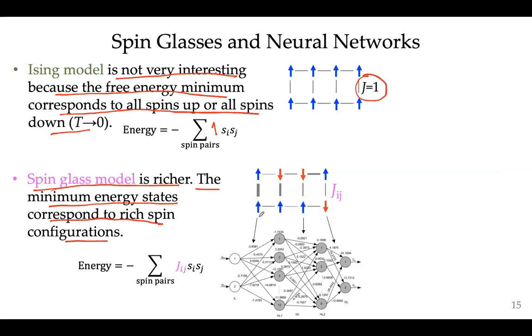And the analogy here is that when the system is in the minimum, when the free energy is minimized, the spins correspond to the weights in the trained neural networks.